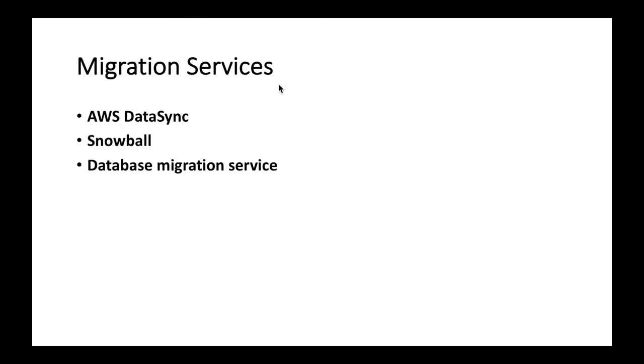But Database Migration Service, as you know, we are planning to have a more in-depth session around databases. And this is one of the very critical services to learn, to see how you can migrate your existing on-prem data to the AWS cloud.